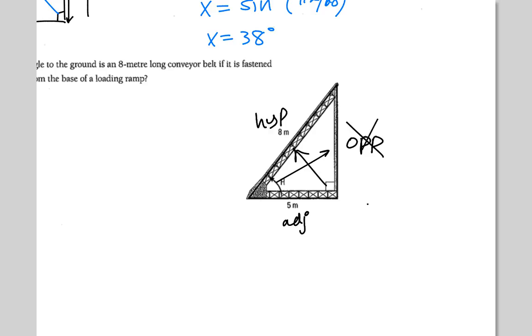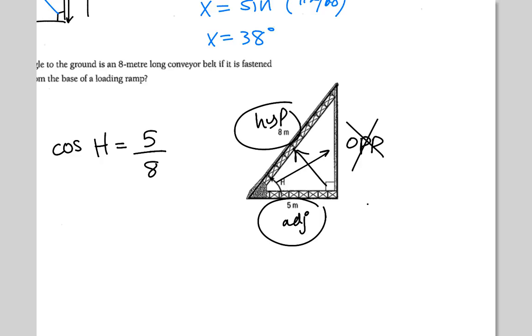Notice I don't know anything about the op, so I have to use adj and hyp, which is the cosine of angle H, equal to 5 over 8. So second function cos 5 over 8 will equal the angle H, and H is 51 degrees.